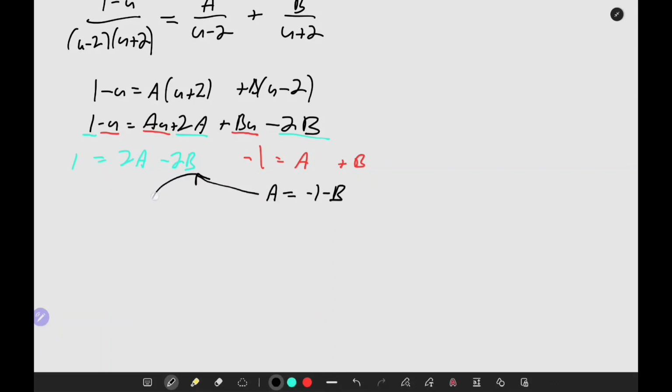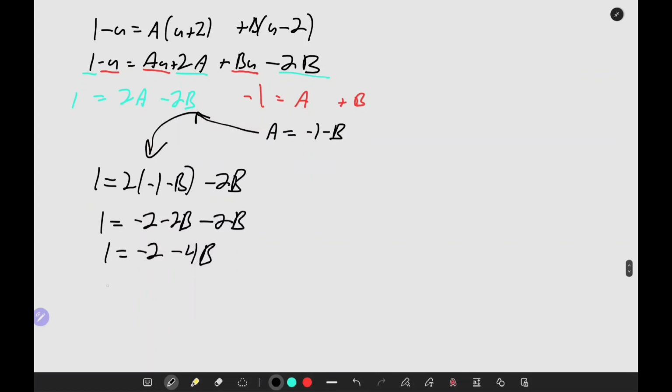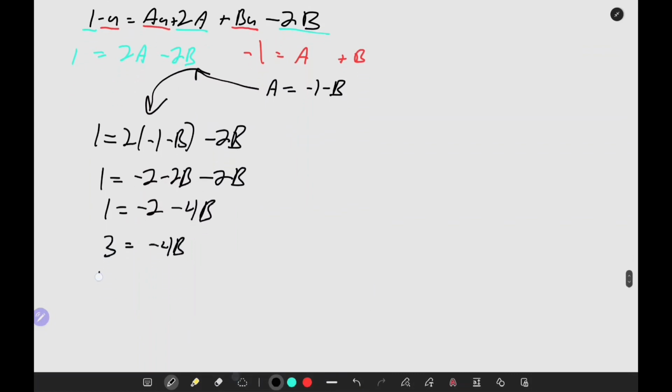I plug it in over here, I get 1 is equal to 2 times negative 1 minus b minus 2b. That's 1 is equal to negative 2 minus 2b minus 2b. 1 equals negative 2 minus 4b. That's 3 is equal to negative 4b. So then b is equal to negative 3/4.